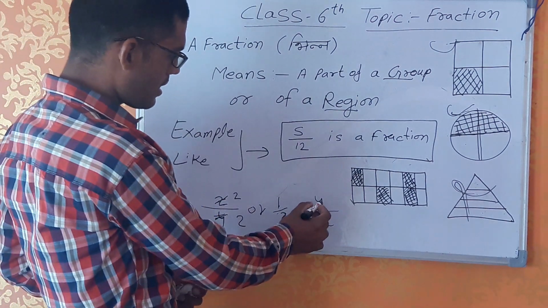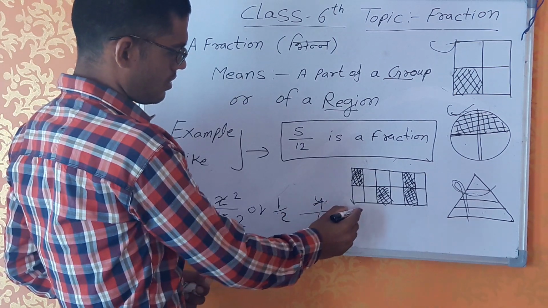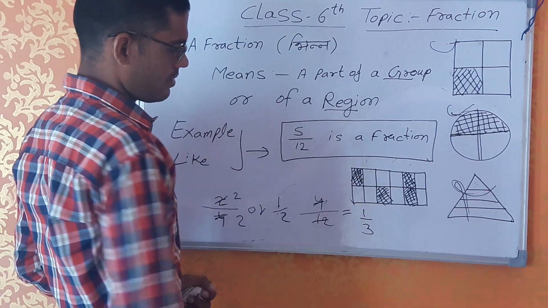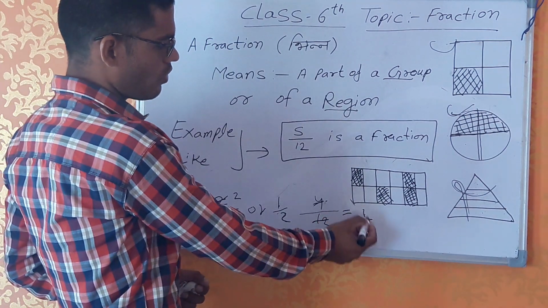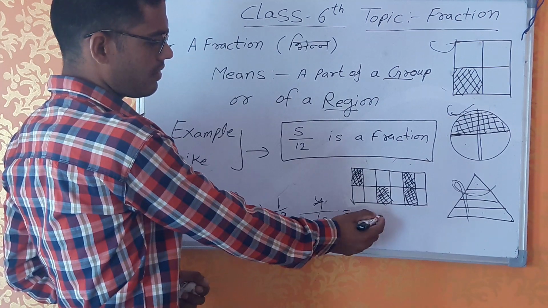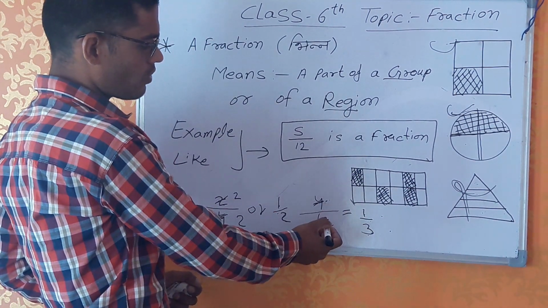That is 4 upon 12, cut by 4, 3 by 12. So we write 1 upon 3, 1 oblique 3. 1 is the numerator and 3 is the denominator, and 4 is the numerator and 12 is the denominator.